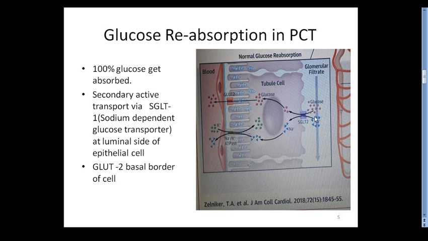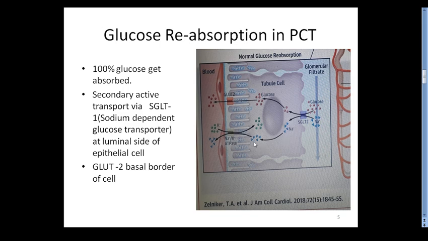In this picture you can see there is a glucose sodium co-transporter, and this transporter is called the sodium dependent glucose transporter. When the sodium ions and glucose both get attached with this receptor, it allows the entry of both the entities, glucose and sodium, within the cell.